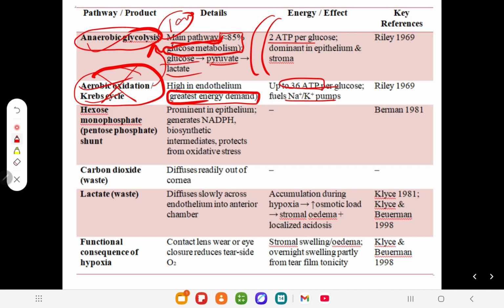And whenever there is 100% anaerobic glycolysis, what happens? Basically that means hypoxia, and then it means the osmotic load increases.